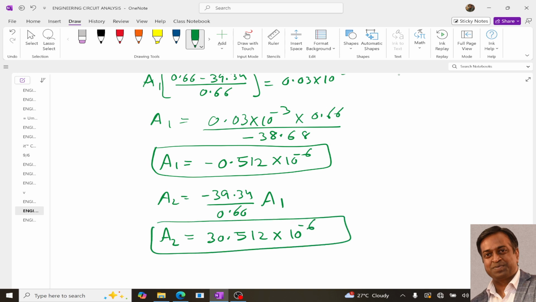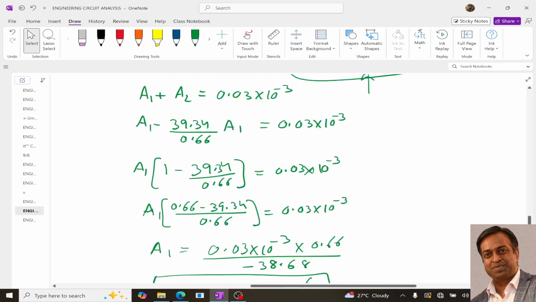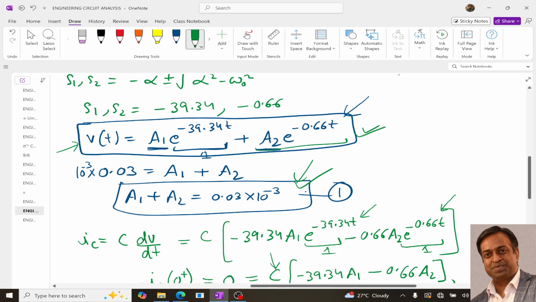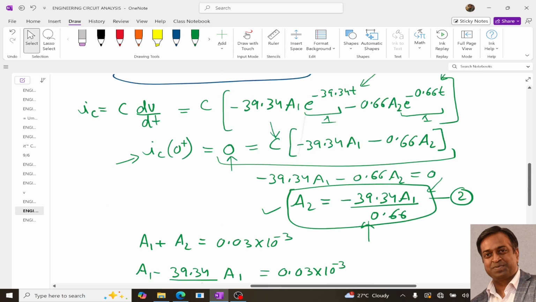Let me check it once again. 39.34 divided by 0.66 into 0.512. So it is this. So we get A1 and A2 as this. Substituting this A1 and A2 in this equation, we will get the answer.